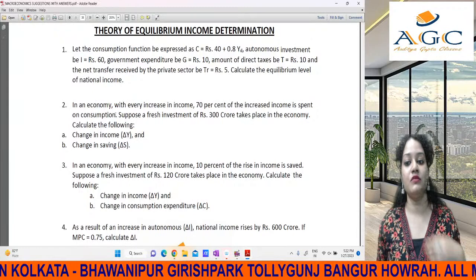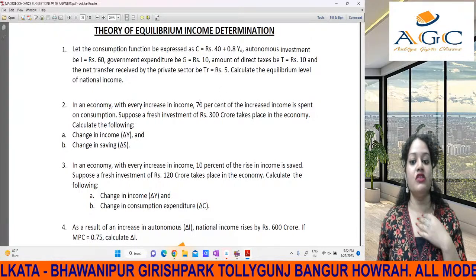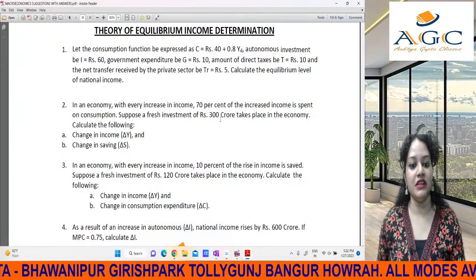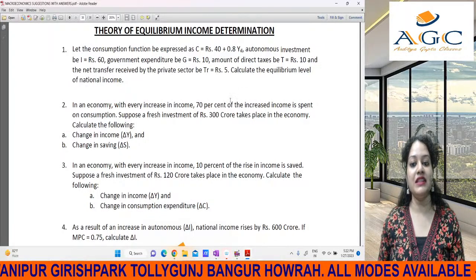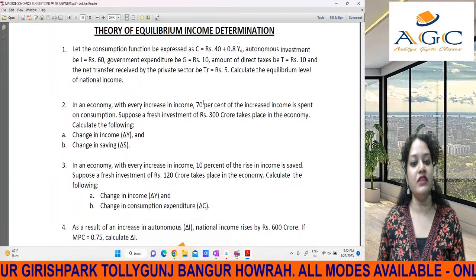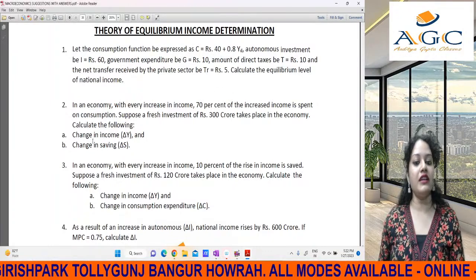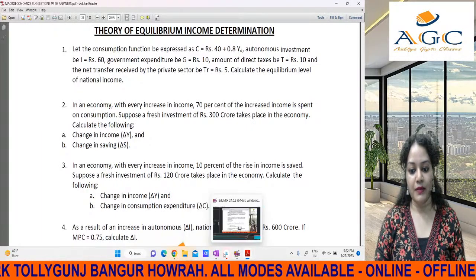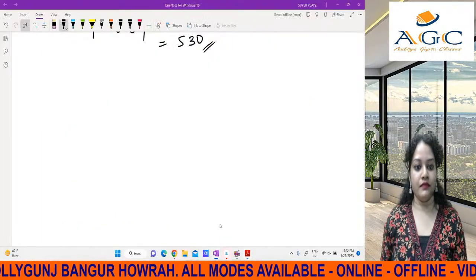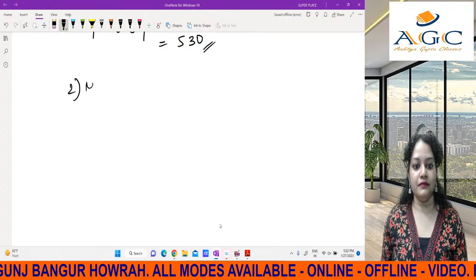When we are talking about consumption and increased income, MPC would be 70% here, right? Because our income has increased and 70% of that increased income we are spending on consumption. So that is basically the theory of our MPC. So write down, MPC is 70%.